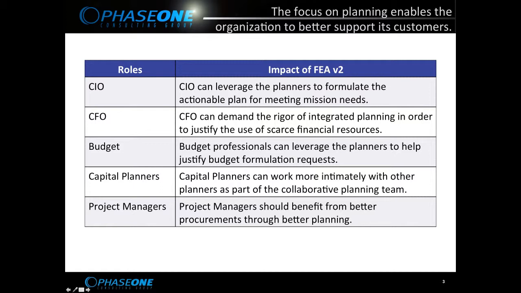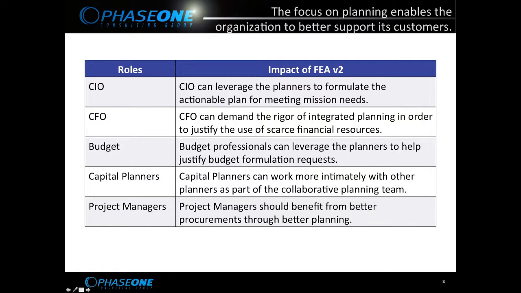Now the focus on planning overall is designed to better enable the organizations, the OCIOs, to support the mission customers. The Federal Enterprise Architecture version 2, particularly a focus on the levels of scope and the different reference models and the actual different layers, the different things that they're asking us to look at, are all important.